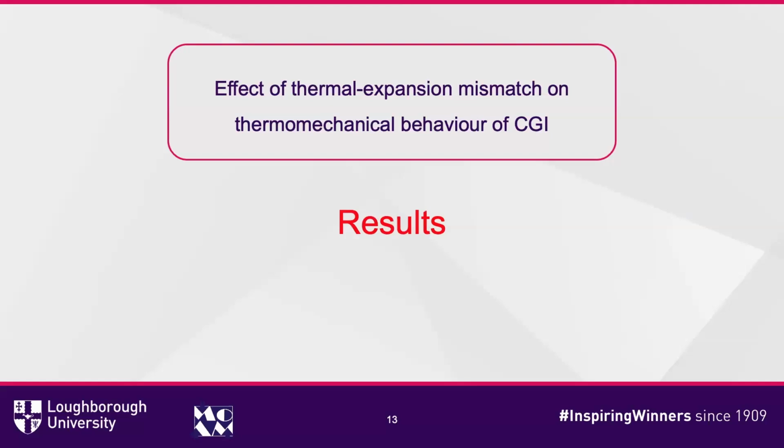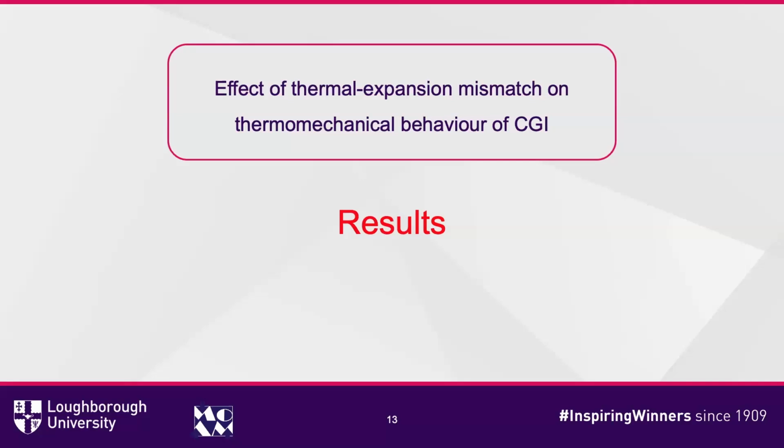And all my results were validated through thermal experiments. It was done by the Alicona machine, which can scan the height and the surface profile of the compacted graphite iron. And if you're interested, I can show you later.